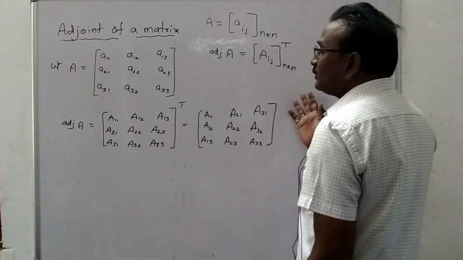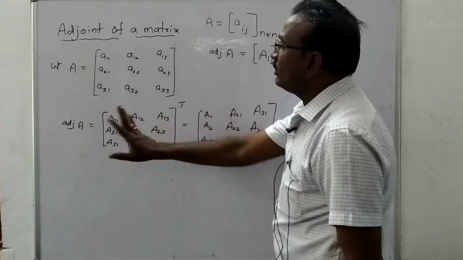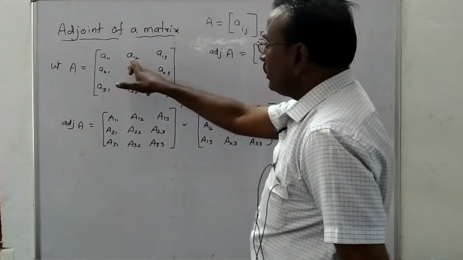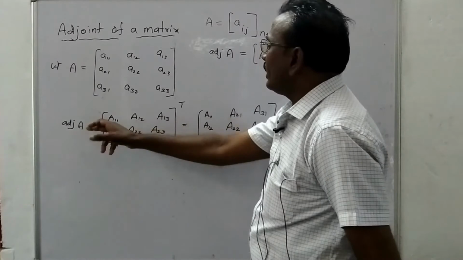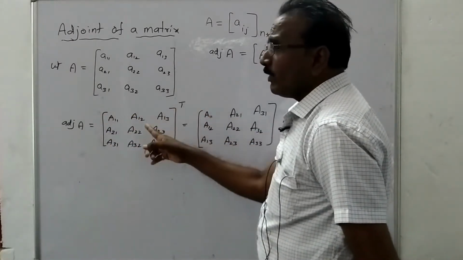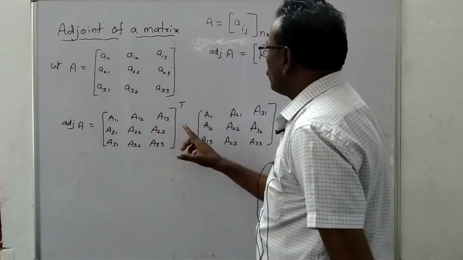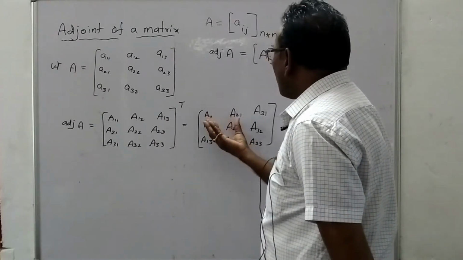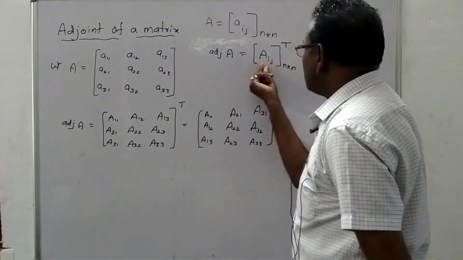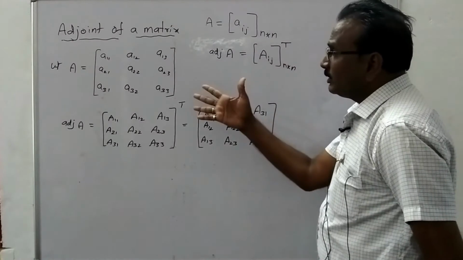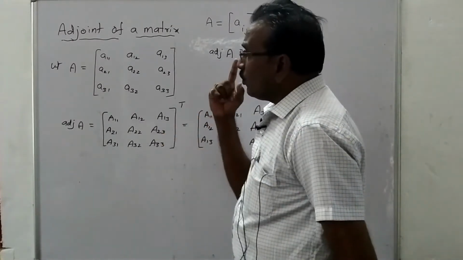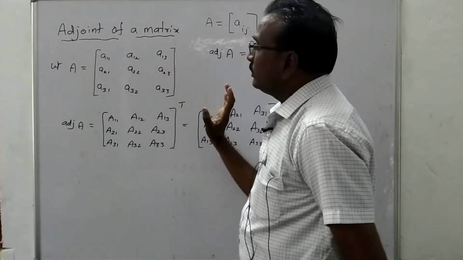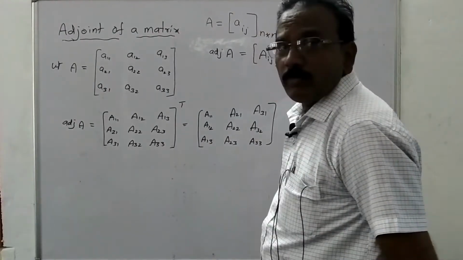So this transpose of the cofactor matrix is called the adjoint of A. The adjoint of a matrix is the transpose of the cofactor matrix. Here, what are the capital Aijs? They are the cofactors of the elements. To find the adjoint of matrix A, we need to find the cofactors of each and every element. So this is the definition of the adjoint of a matrix.